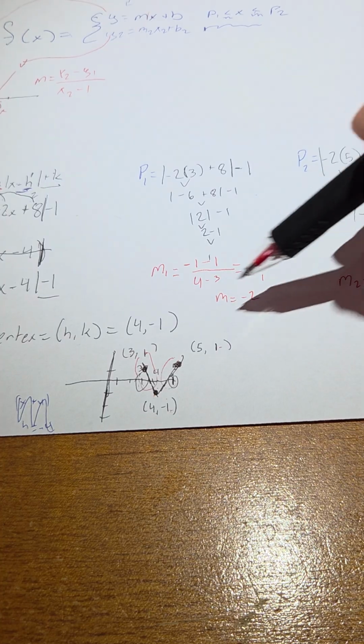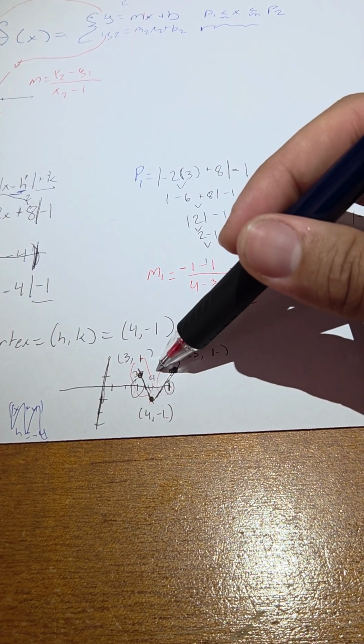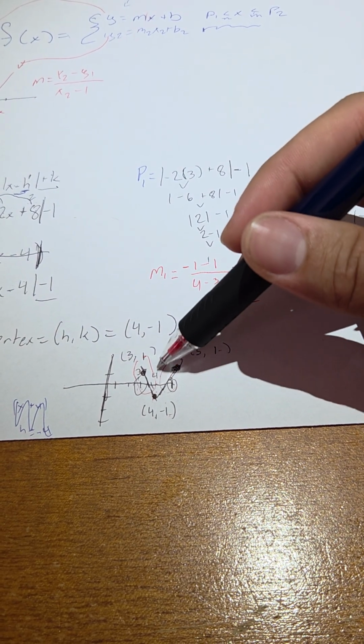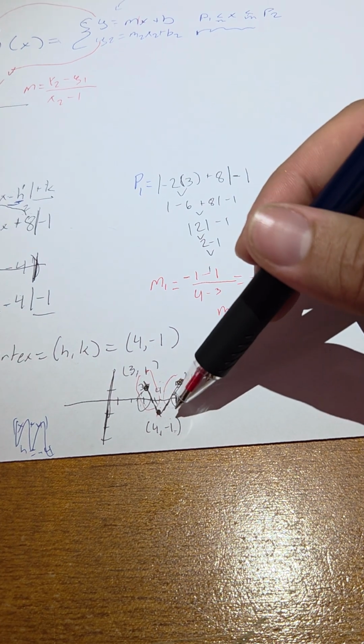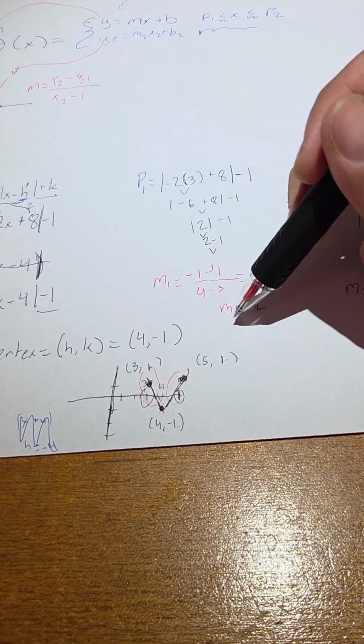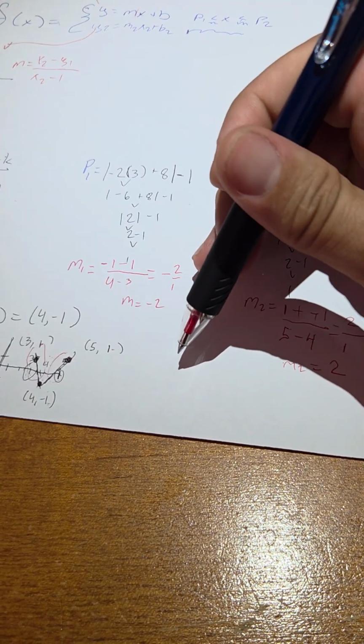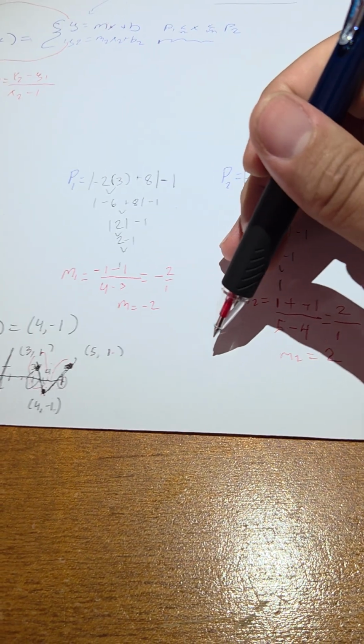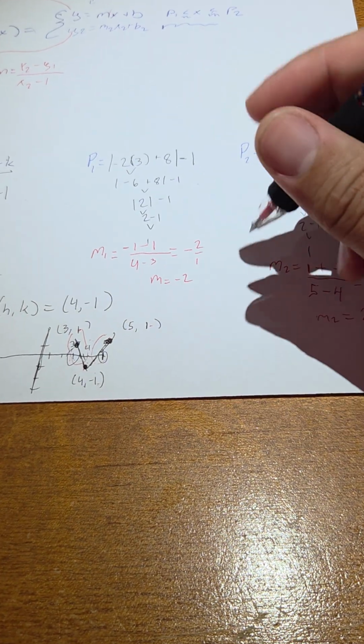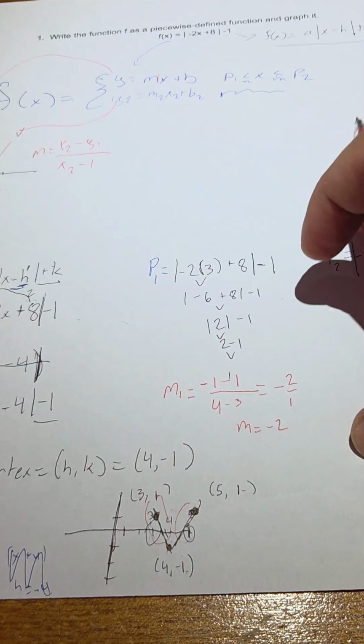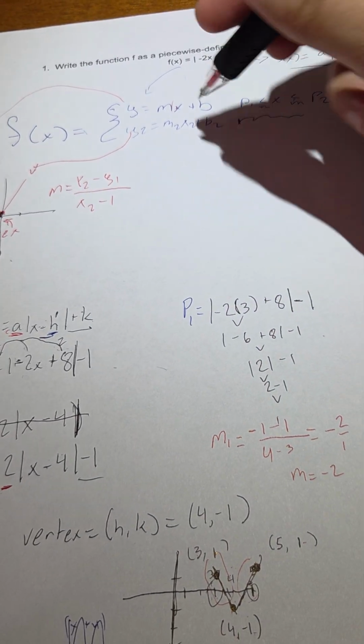And you can see that here too, right? We go up 2, 1, 2, and to the right 1, or 1, 2 to the left 1. If it goes up and to the left, that means the slope is going to be negative, and if it's going up and to the right, that means the slope is going to be positive. So now we have the start to our first bits. We have our m.